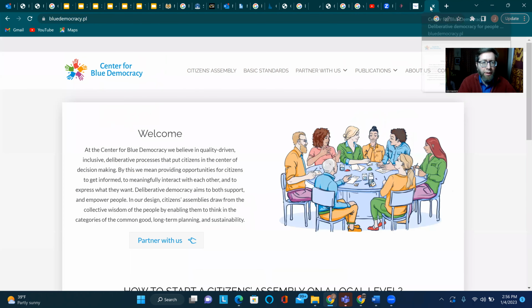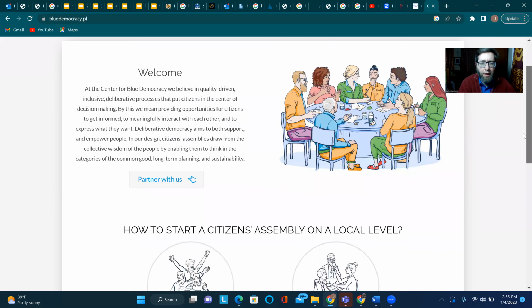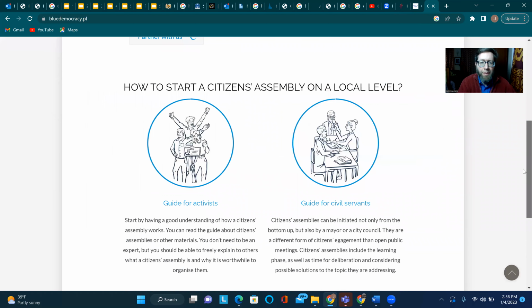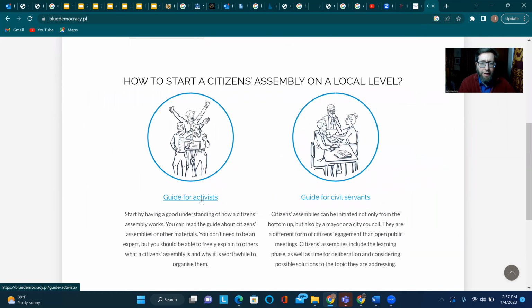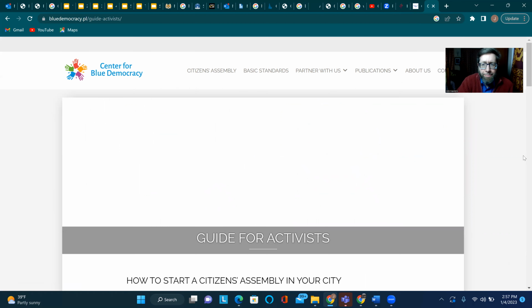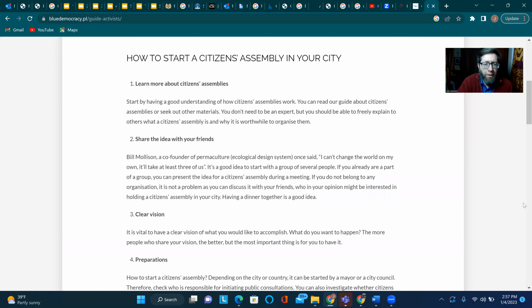So let's go here to Center for Blue Democracy, and they got a guide for activists, a guide for civil servants. Let's look at activists. Now here, how to start one. So learn more about citizens assemblies.